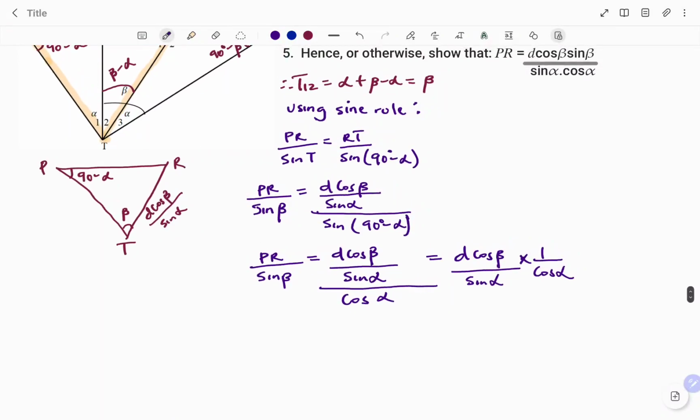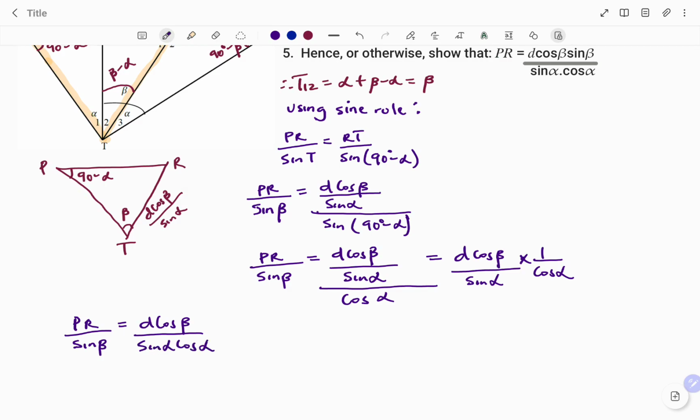So that will be PR over sine beta equals D cos beta times 1, that remains D cos beta, over sine alpha cos alpha.